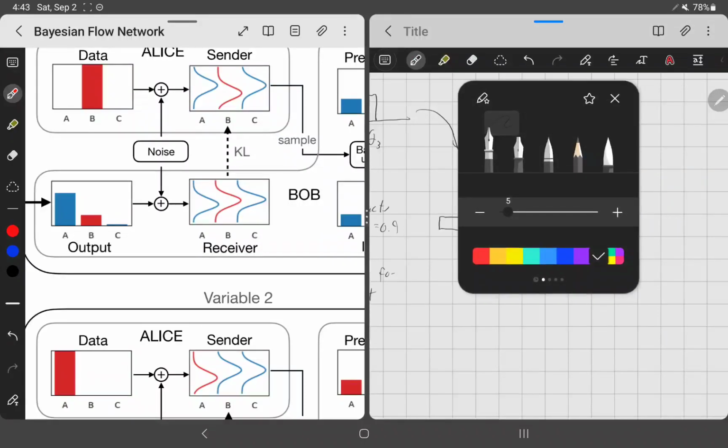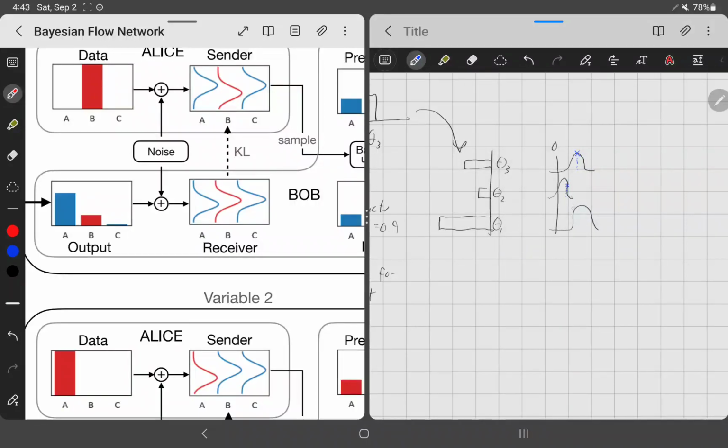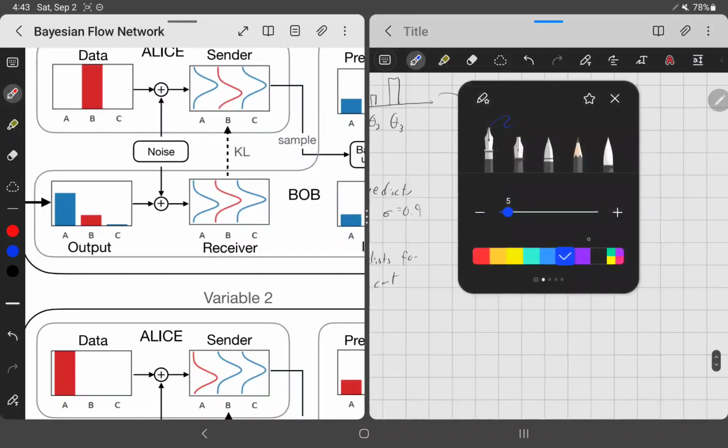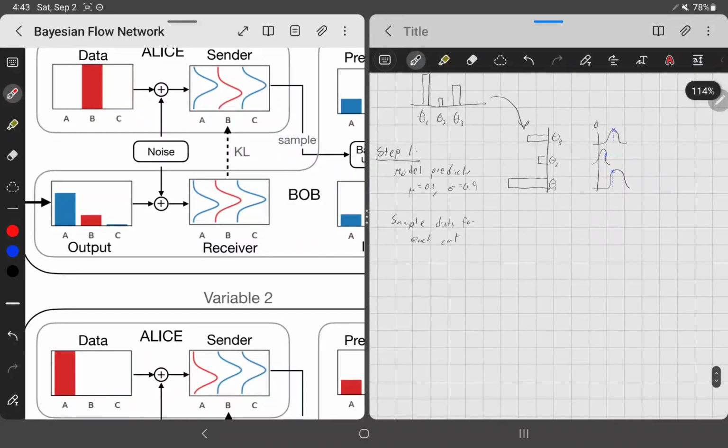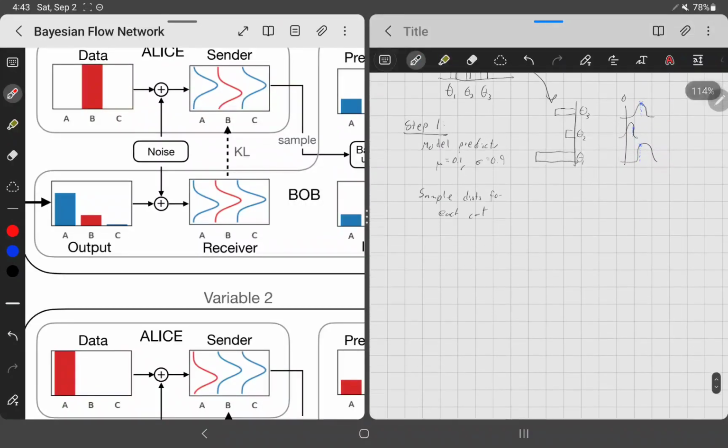There we go. And let's say I sample this one and I get something slightly off, something slightly to the left. Now notice how these aligned. I was doing that on purpose, because it makes it easier to draw. So these are our samples.